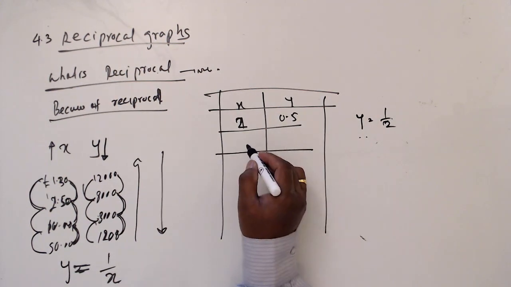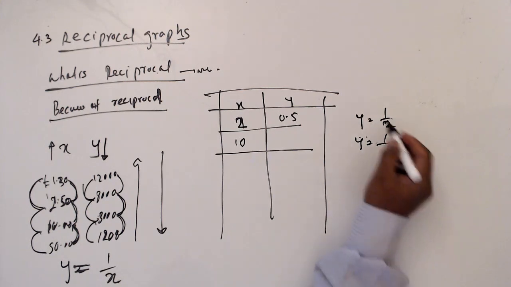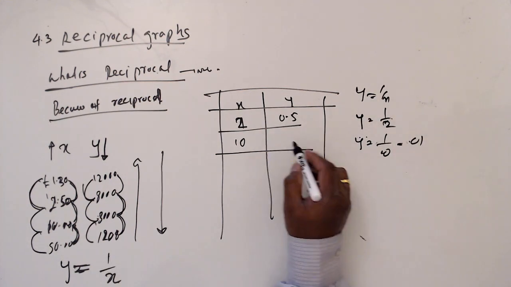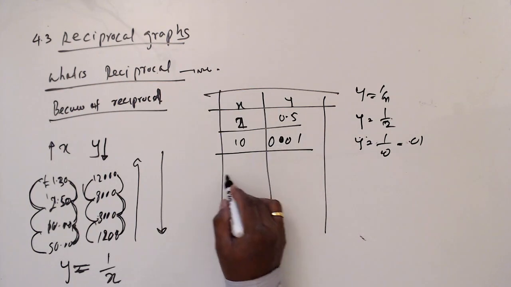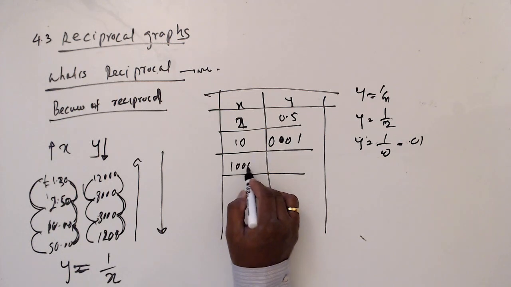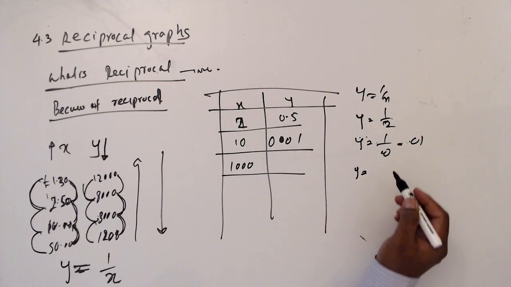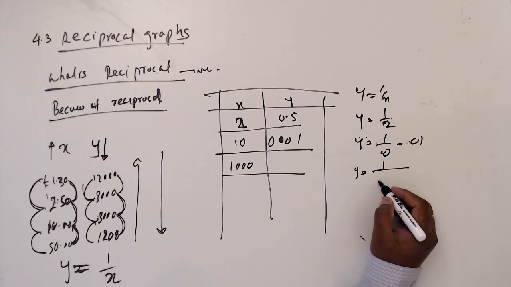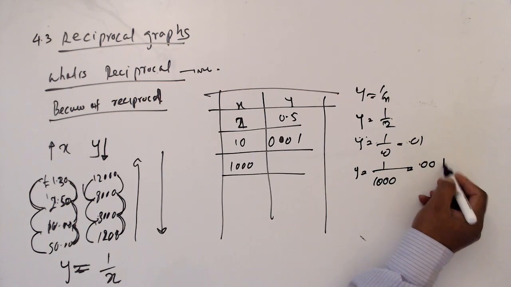When x equals 10, y equals 1 over 10, which is 0.1. When x equals 100, y is 0.01. When x equals 1000, x is increasing, y becomes 1 over 1000, which is 0.001.